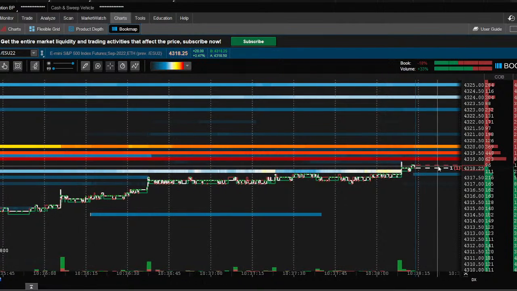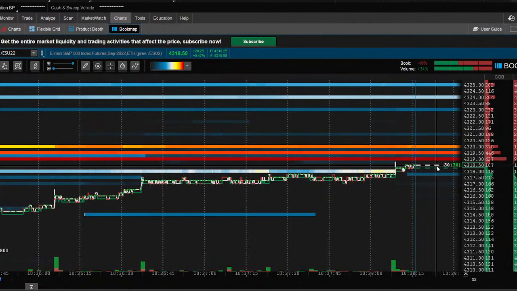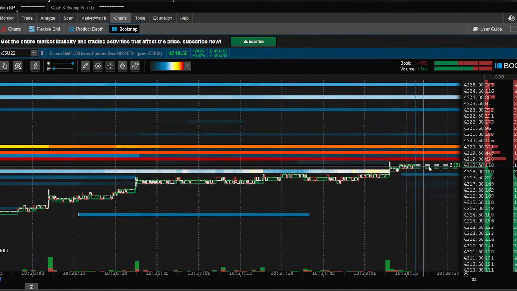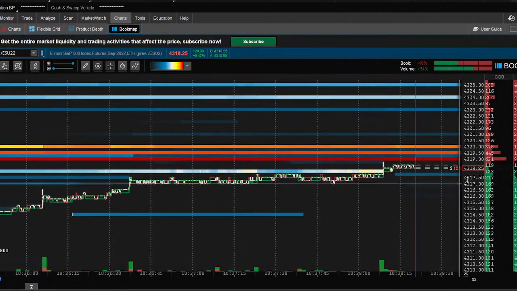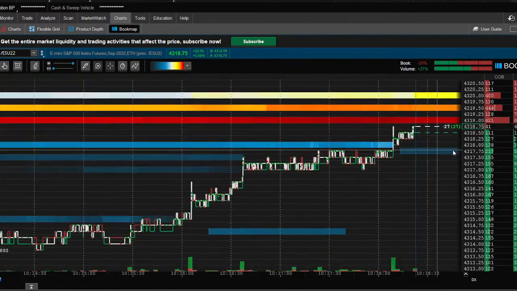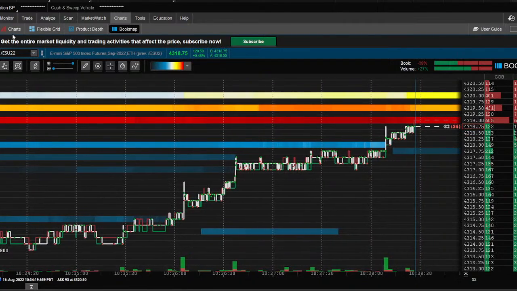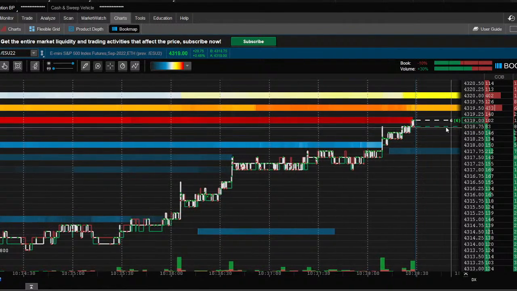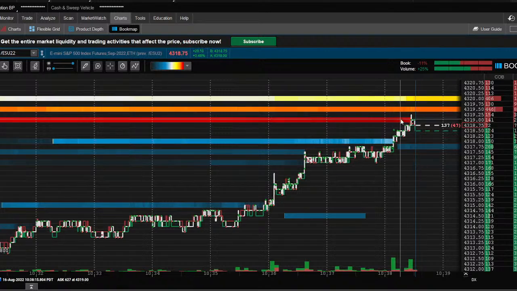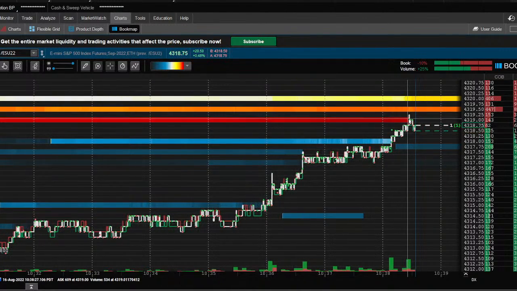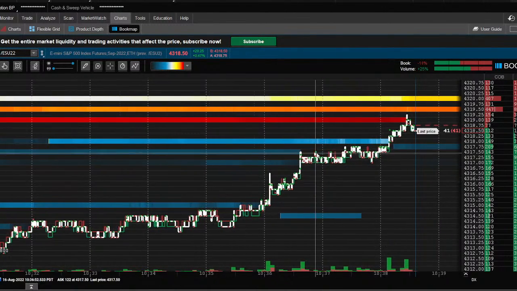We're one tick away from it. I just want to see what happens when it gets filled. And you guys are seeing this live. And by the way, this is free on Thinkorswim. Alright, so now it got filled. That liquidity got filled there. Let's see what happens.